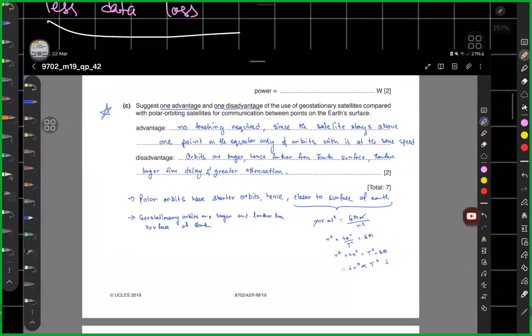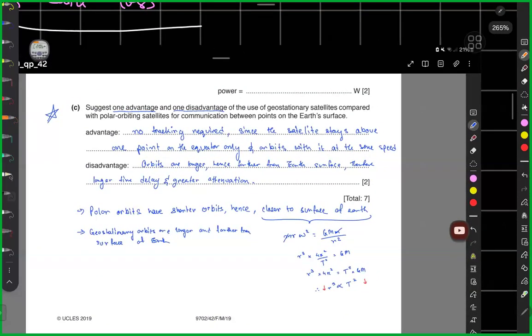There's one advantage and one disadvantage of using geostationary satellites compared with polar orbiting satellites for communication between points on the Earth's surface. If I read too fast, you can take some time and read it. But if I just go on with the question, what is the advantage of having a geostationary orbit?